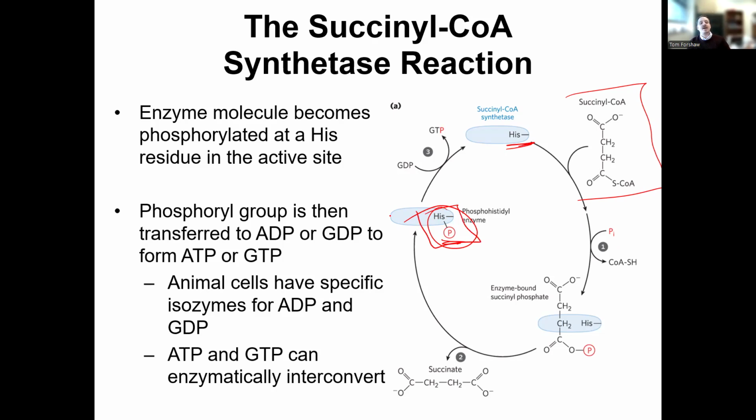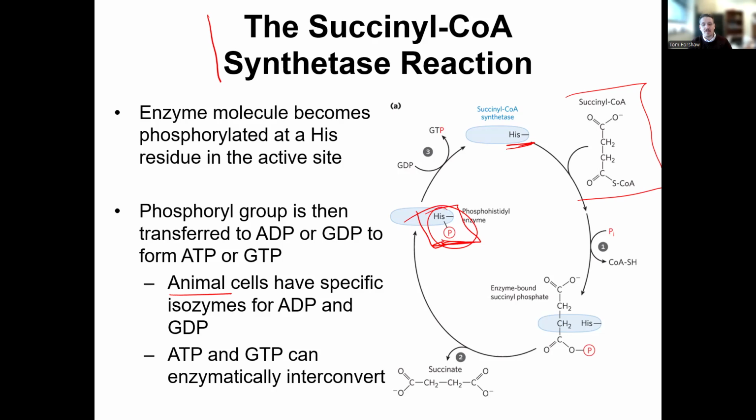But they're very rare in higher life, in animals and eukaryotic life in particular. And so that suggests that this enzyme and this mechanism is very ancient and hasn't changed very much because it uses a very ancient type of phosphorylated histidine.